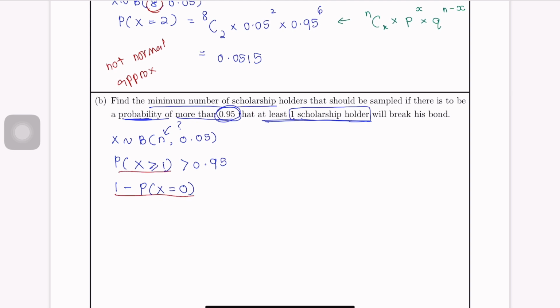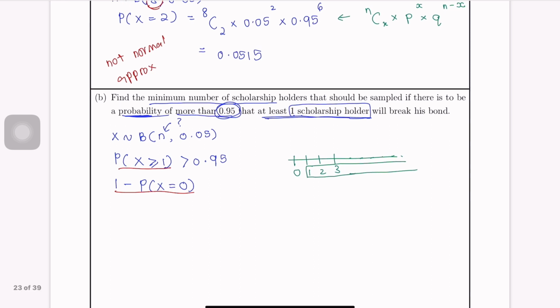Okay, so again, just use a number line. For example, we have 0, 1, 2, 3 and so on. We want from 1, 2, 3, 4 and above. We don't know what n is. Then we don't want 0.